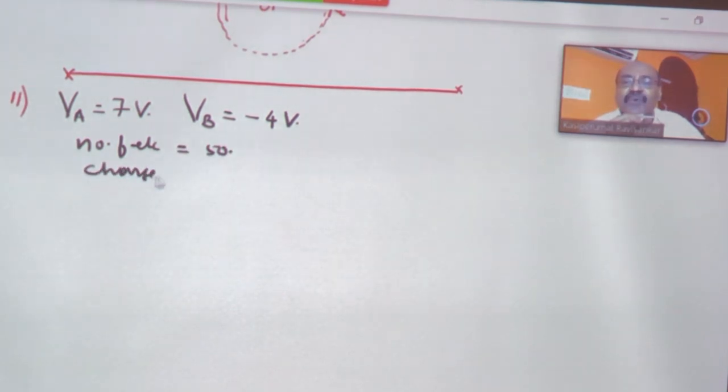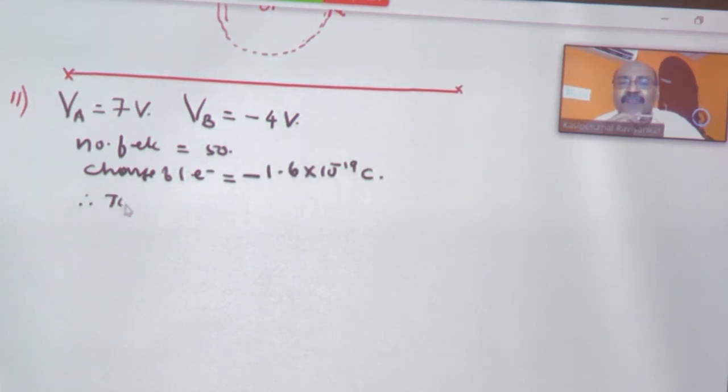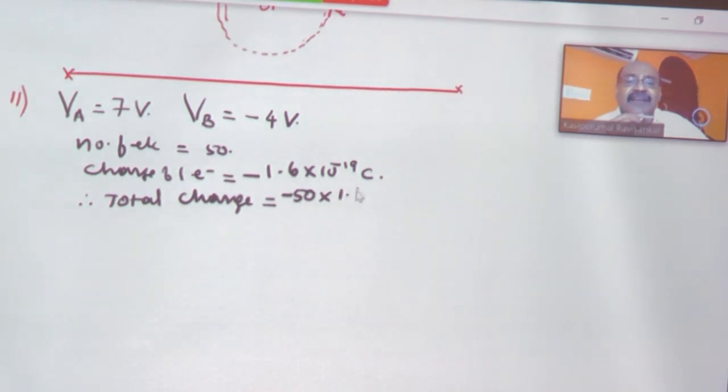Charge of 1 electron is minus 1.6 into 10 to the power of minus 19 coulomb. Therefore, the total charge of the 50 electrons is minus 50 into 1.6 into 10 power minus 19 coulomb.